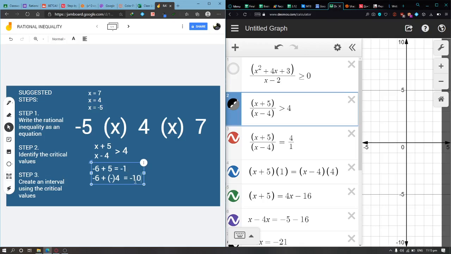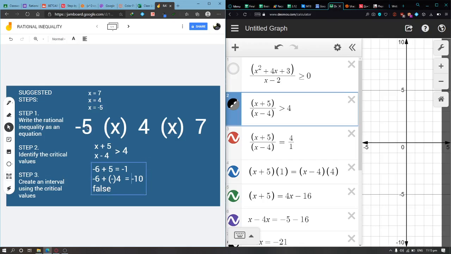So negative 1 divided by negative 10 is not greater than 4, so it is false. Any number that is less than negative 5 is not true, meaning it is not part of the inequality.